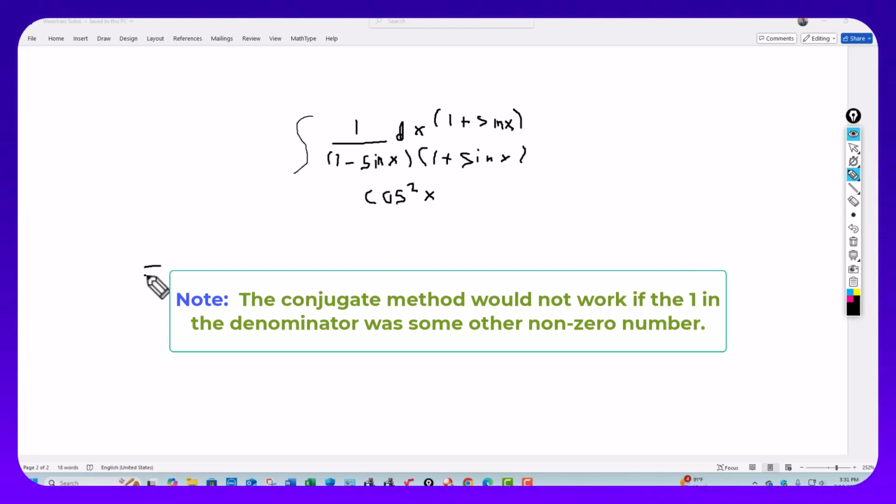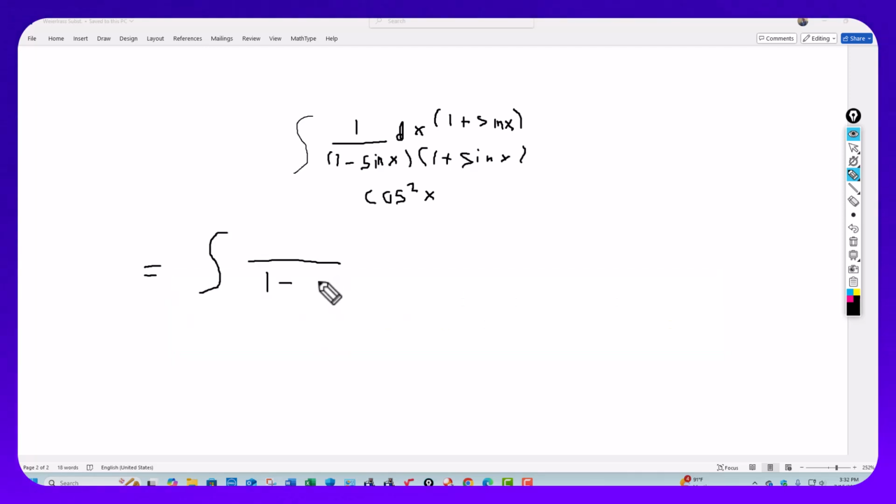If they say to use, say, the first substitution, then for that one, the sine of x is replaced by 2u over 1 plus u squared. Got a 1 here. And then the dx for that one is replaced by 2 du over 1 plus u squared.